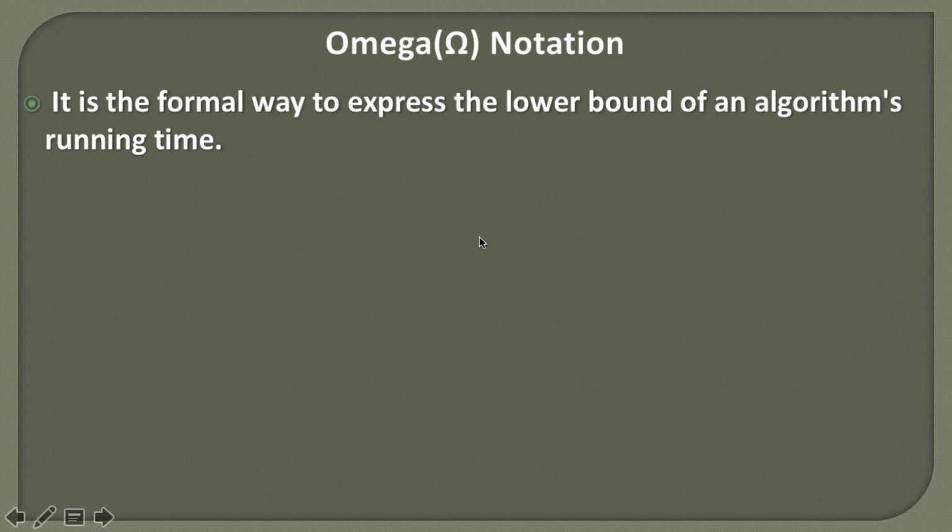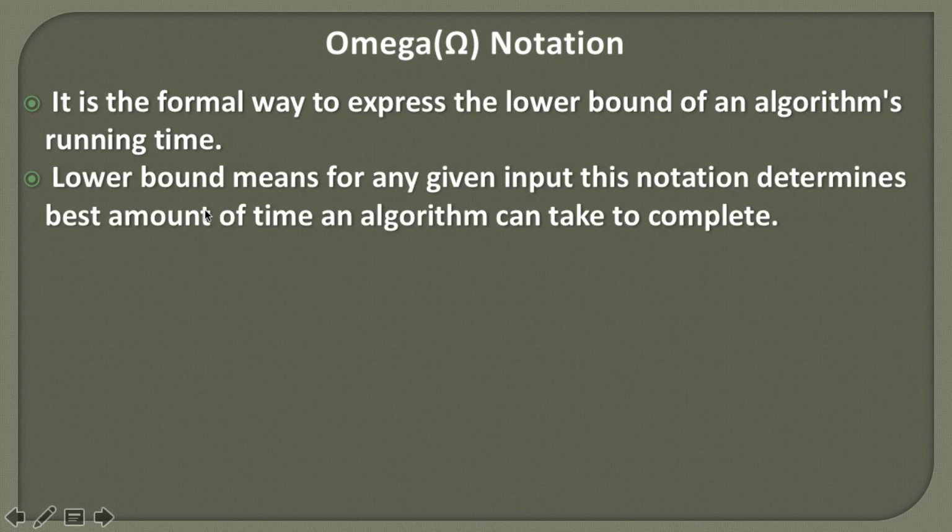If we see the definition of omega notation, it expresses the lower bound of an algorithm's running time. Now what do we mean by the lower bound of an algorithm's running time? Lower bound means that for any given input size, this notation determines the best amount of time an algorithm can take to complete.